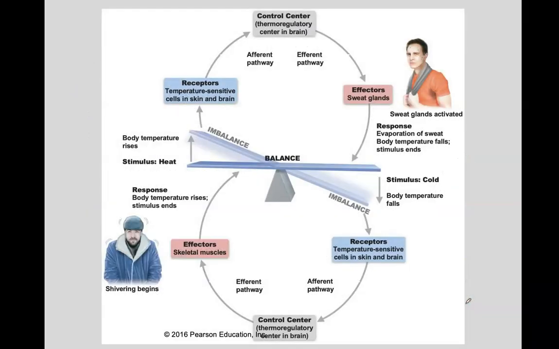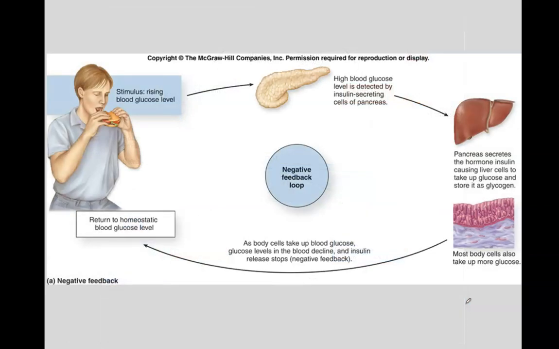Also, the way in which we regulate blood glucose. For example, you eat a hamburger and you have a big rise in your blood glucose levels because you've taken that food and broken it down into glucose, and the glucose is released into your bloodstream. As that blood glucose rises, it can become toxic. So the pancreas releases insulin, and that insulin says, hey, liver, you need to take up some of that glucose and store it for a little while in this bigger complex molecule called glycogen.